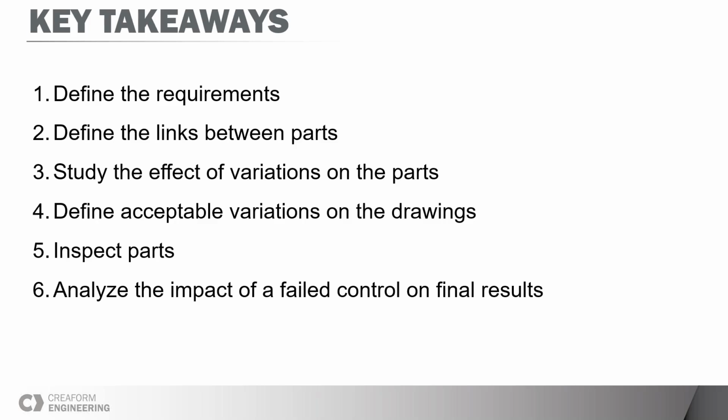So the customer took the batch they'd received, 30 parts, and made a statistical study. A lot of them were out of tolerance, but they all assemble correctly, and it's a gear set that works properly. So they went back to the engineering office and said, look, here is what we've measured, you should change your drawing requirements because the functionality of the product still works even though we're out of tolerance.